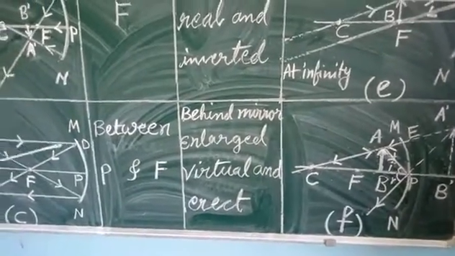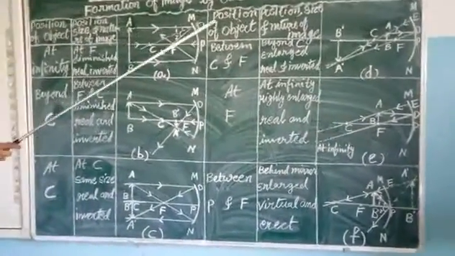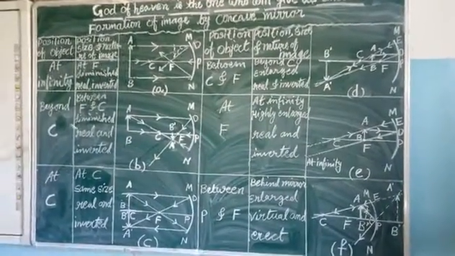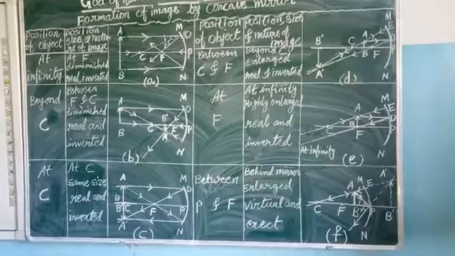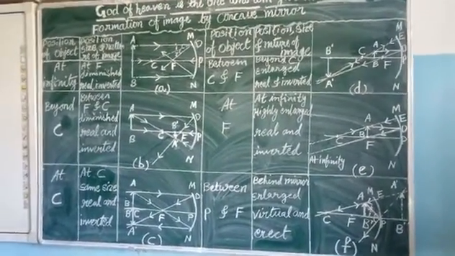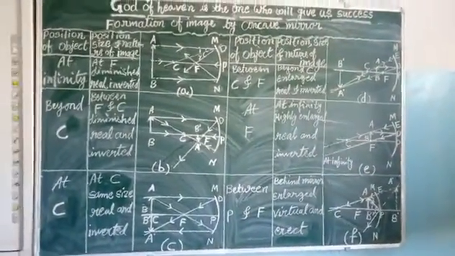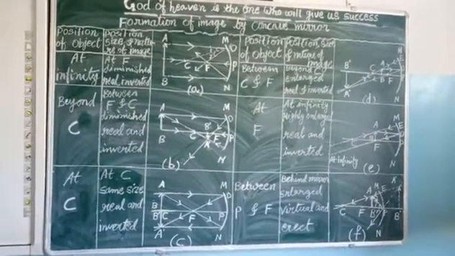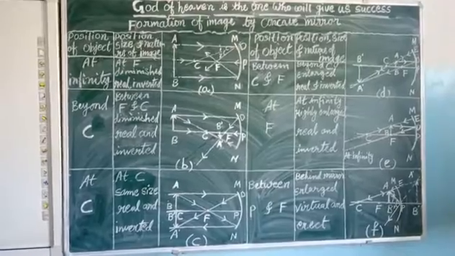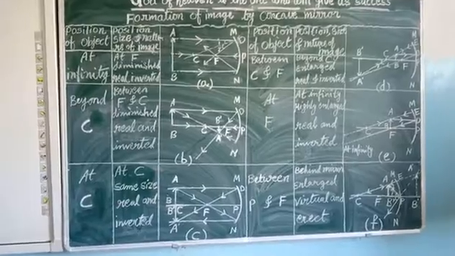So, that's all, dear students, about the formation of image by concave mirror. Now let me explain about the uses of concave mirror. So what are the uses of concave mirrors? Concave mirrors are commonly used in torches, searchlights and vehicle headlights to get a powerful parallel beam of light.